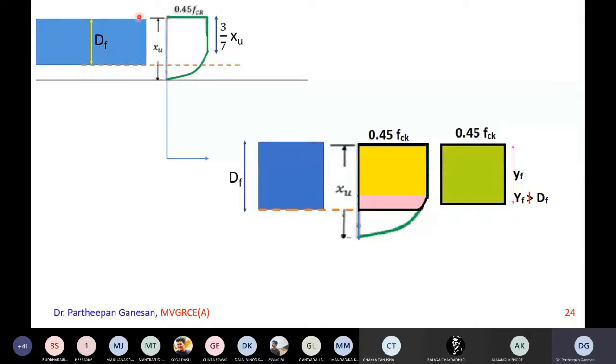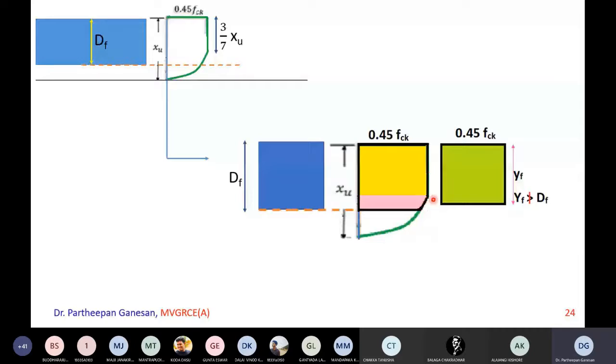Now over the thickness of the slab, your stress distribution is not uniform, because up to the yellow color here, 0.43 XU, it is uniform. But after that, it is not uniform, because it is varying in a parabolic way up to the bottom of the slab, in a non-linear manner. Is that understood?